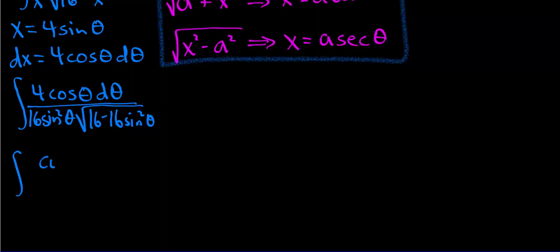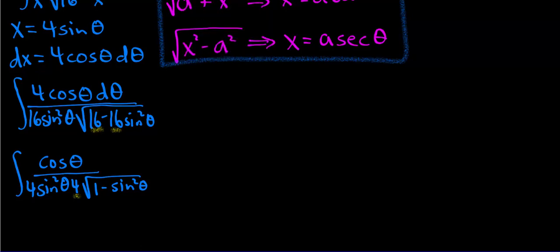So I've got cosine theta over 4 sine squared theta. And then I've got 4, 1 minus sine squared. See, I just factored the 16 out of here. So what happened is I've got this 16, which I factored out, took the square root, and I got a 4.